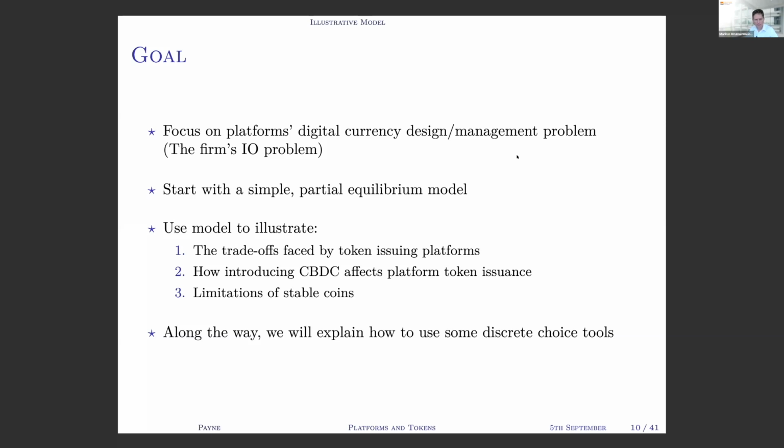And we'll think about what the limitations are if they commit to a stable coin where they fix the price to some other currency, for example, the dollar. And we'll think a little bit about CBDC, although that'll be at the end. I don't know how much we'll get to. And along the way, we're going to use a discrete choice model for choosing a network, if you like. So along the way, we'll discuss a few discrete choice tools and tricks that are useful for dealing with this kind of model.